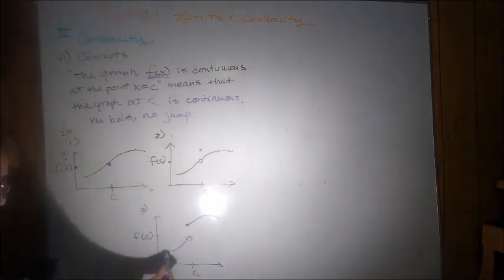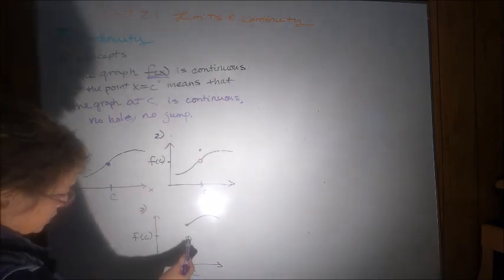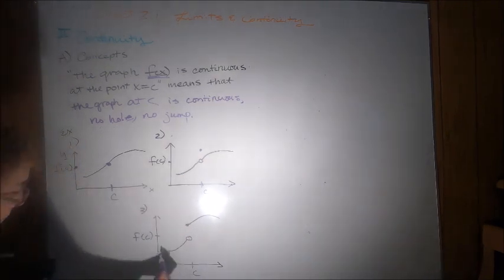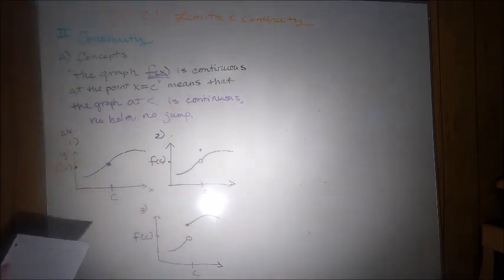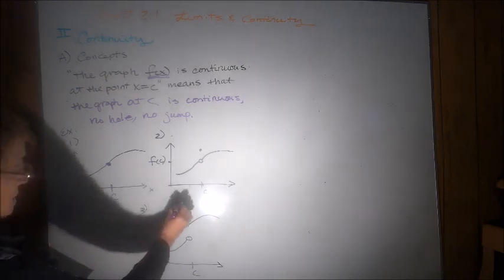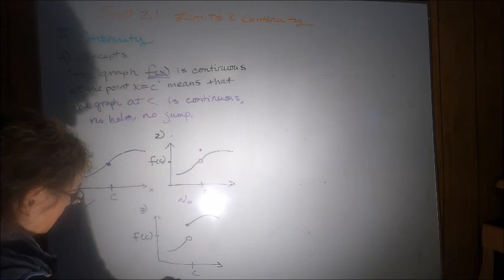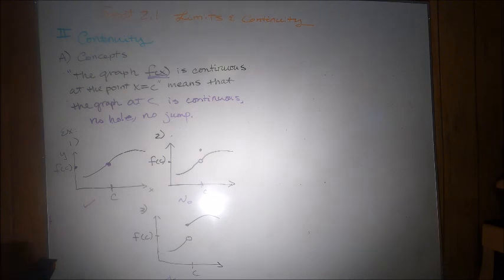For this graph, it goes here, oops, jump, but not with two solid points, otherwise it would not be a function. So here it jumps and continues. So the first one is continuous, and those others are not, obviously.